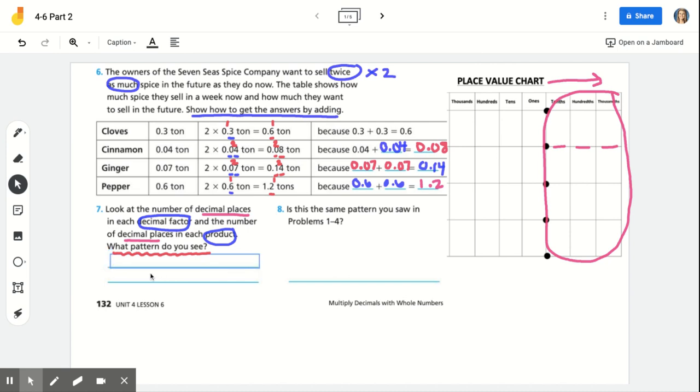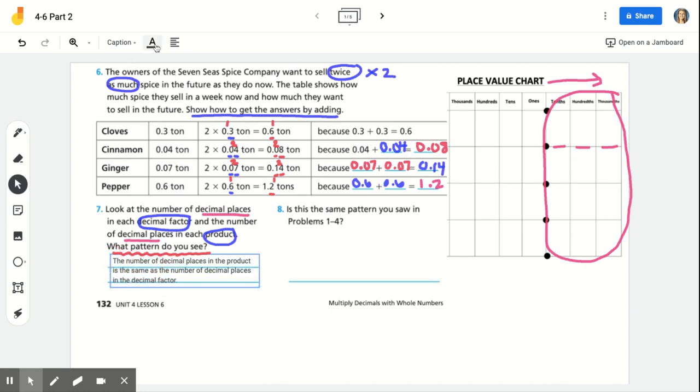Here's the pattern that we see. The number of decimal places in the product is the same as the number of decimal places in the decimal factor. I'll read that out loud one more time.